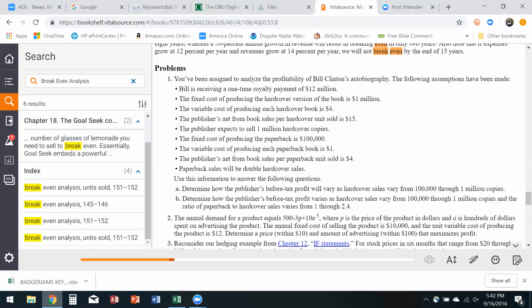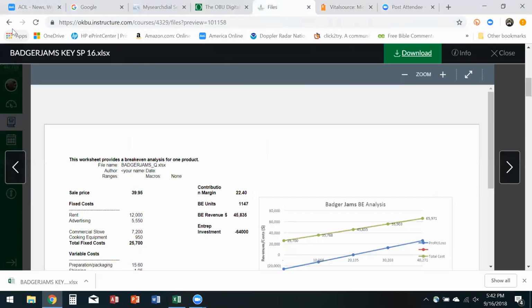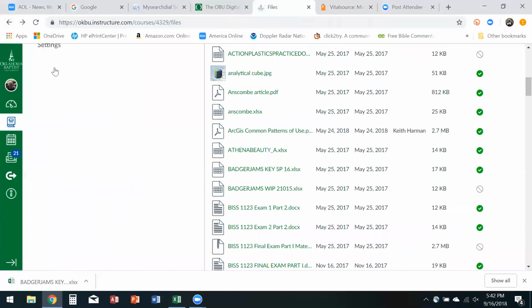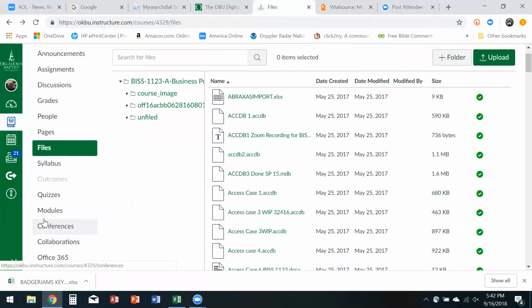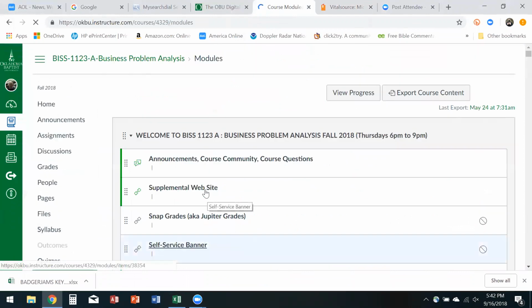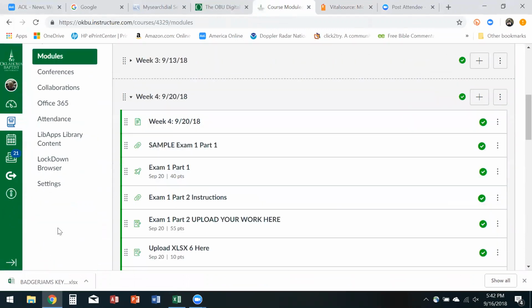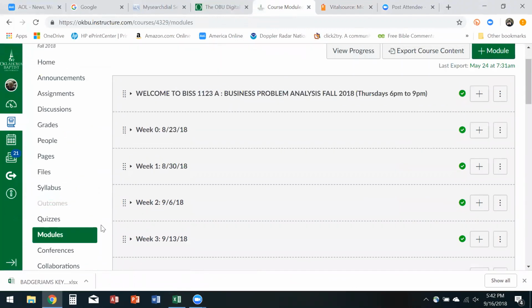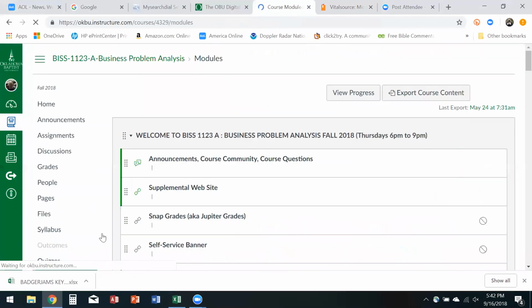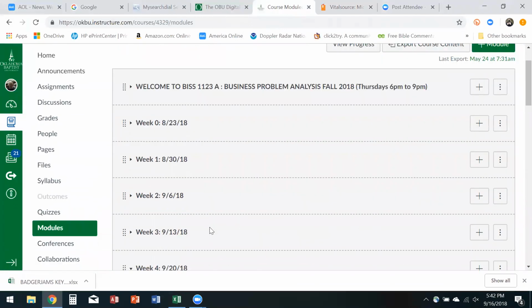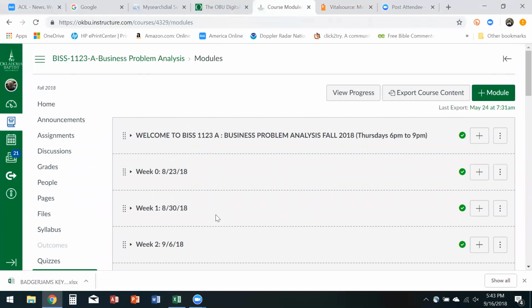I'm going to diminish this down for just a second. I want to go back into the module, and we're in the files area. We'll move out of there. I'm going to go up into the modules, and I'll take you over to the supplemental website. And there it is. Sorry about that.